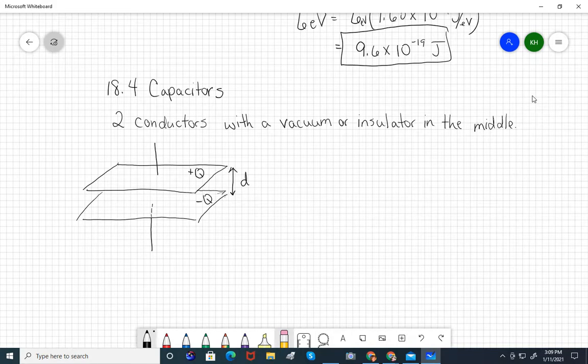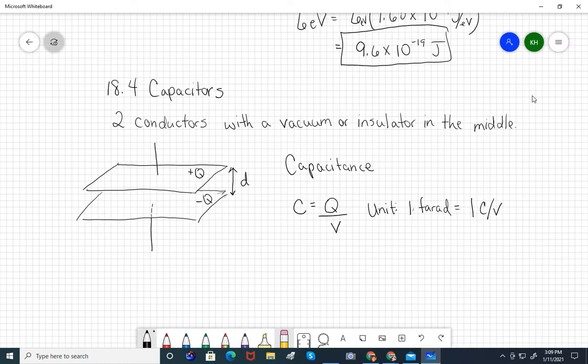How do we define capacitance? The capacitance is the ratio of the amount of charge over the potential difference. We measure it with a unit called a farad. 1 farad is equal to 1 coulomb per volt. The more charge that it can store at a given voltage, the higher the capacitance.